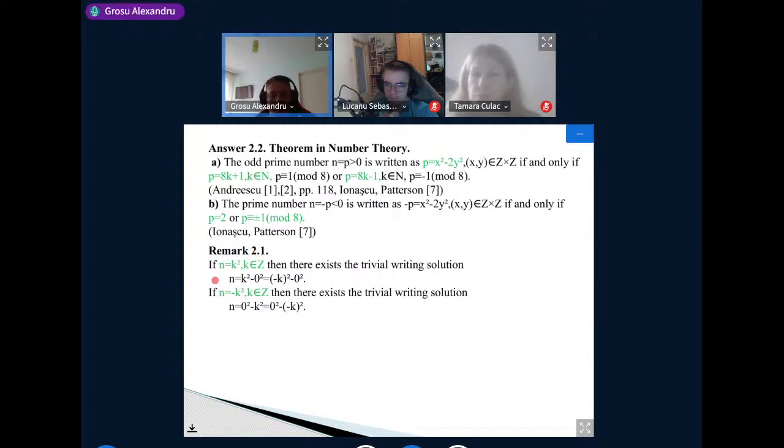So the first remark we have is that if n equals k square, then there exists a trivial writing solution: n equals k square minus 0 square, or minus k square, or 0 square minus k square.